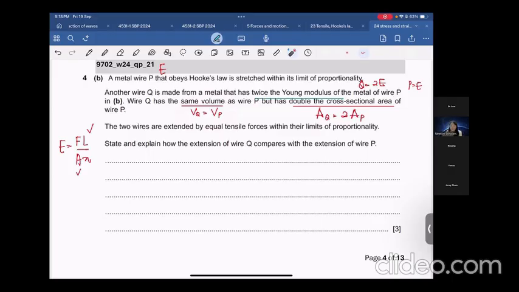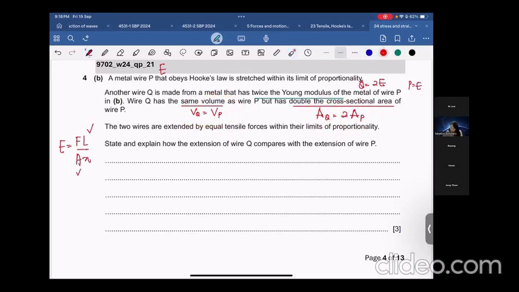What do you think? Will wire Q be longer, double the length, or half of the length? Since the volumes are the same and the area has doubled, your length will be half of it, right?